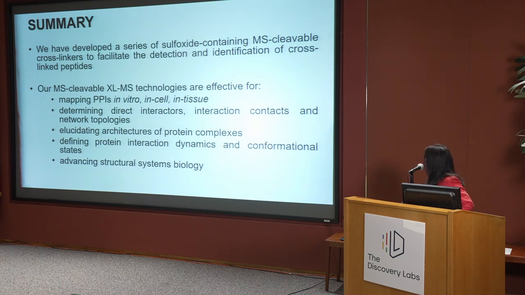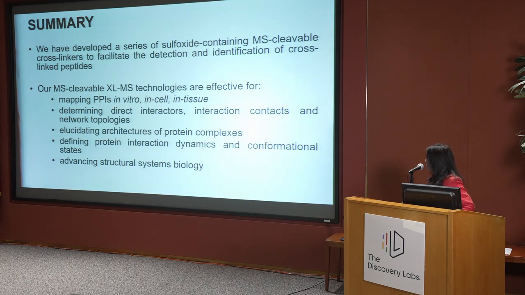So in summary, I hope I have shown you that we have developed a series of sulfoxide-containing MS-cleavable cross-linkers, which facilitate the detection and identification of cross-linked peptides. This technology can be used for mapping protein interactions in vitro, in cells, and in tissue.